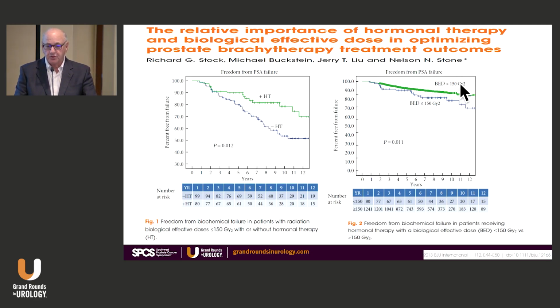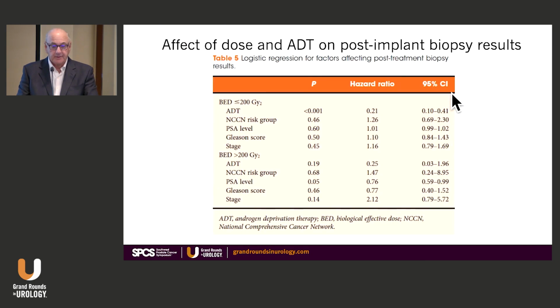And the dose we chose was 150, because 150, as I just said, was equal to roughly the amount of dose that ABS was recommending. That's why we chose that cut point. And you saw that the curves were closer, but still hormonal therapy had an advantage.